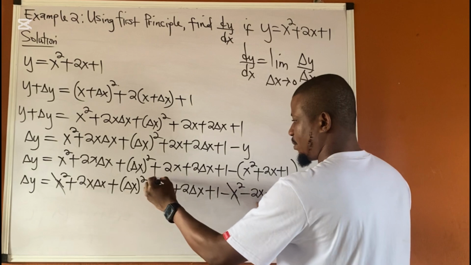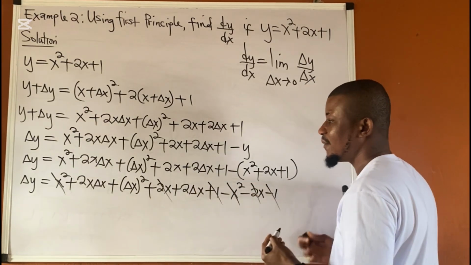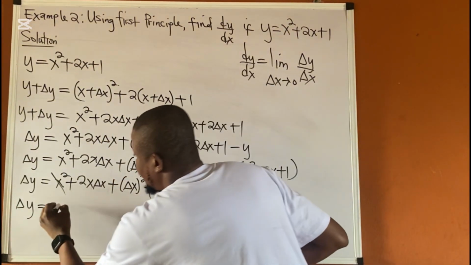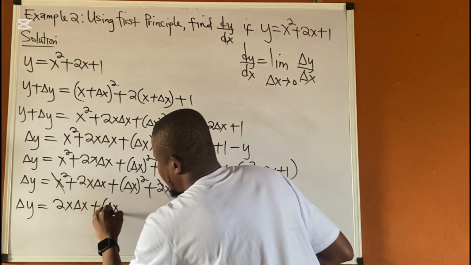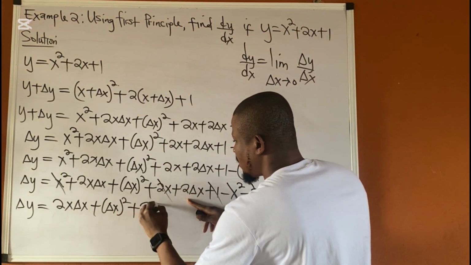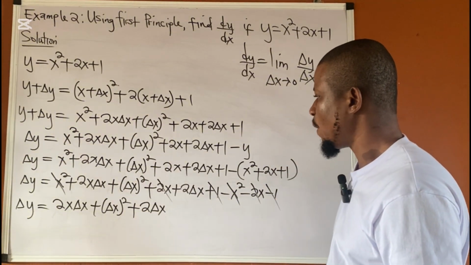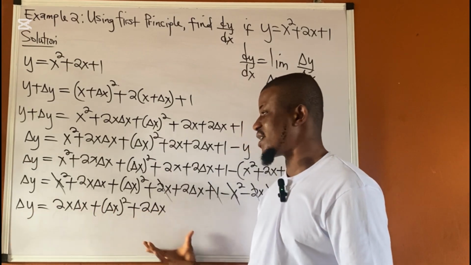We have plus 2x here, negative 2x here, plus 1 here, negative 1 here, and then we take out the remaining part. The remaining terms, we have 2x change in x plus change in x all squared, and we have this here, 2 change in x, and that's all we have there. So we've succeeded in making change in y the subject and we've simplified the right hand side.